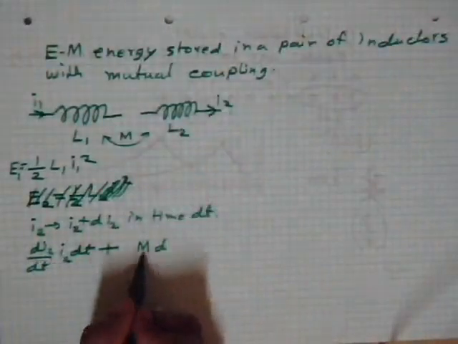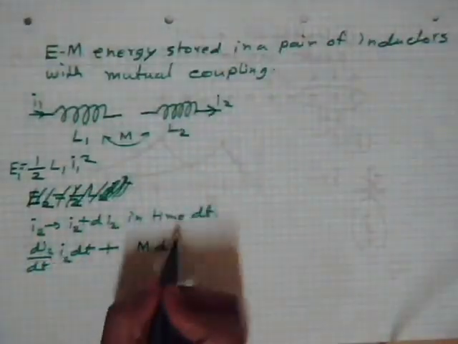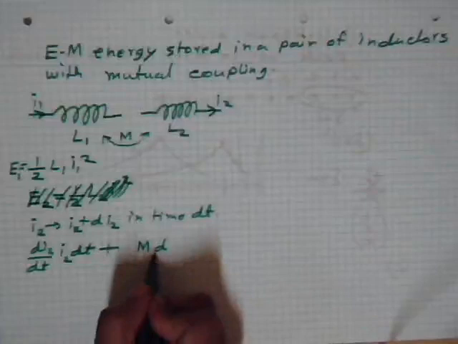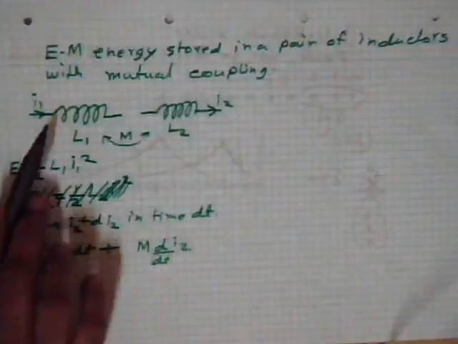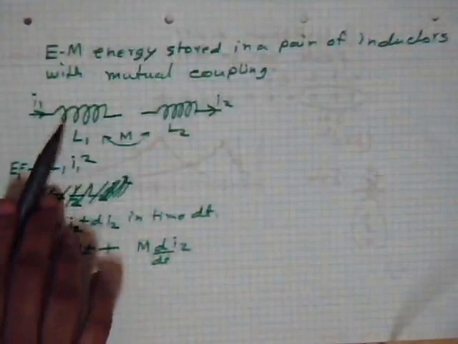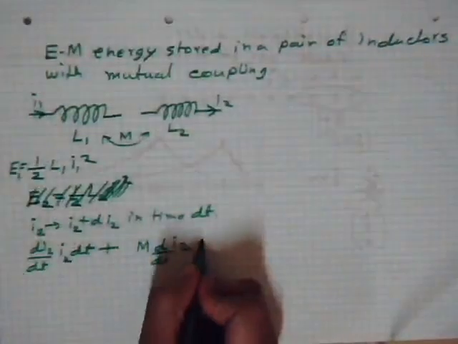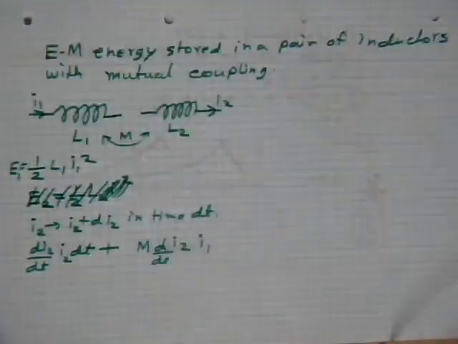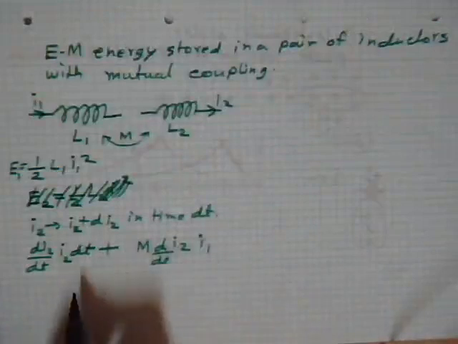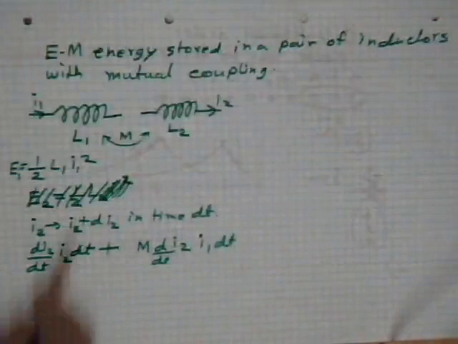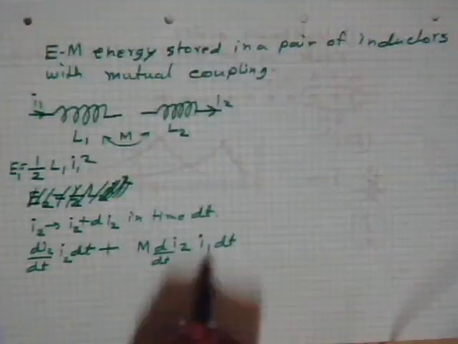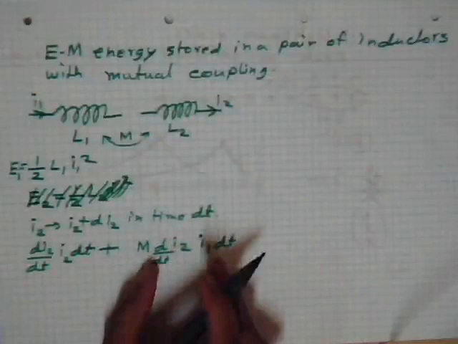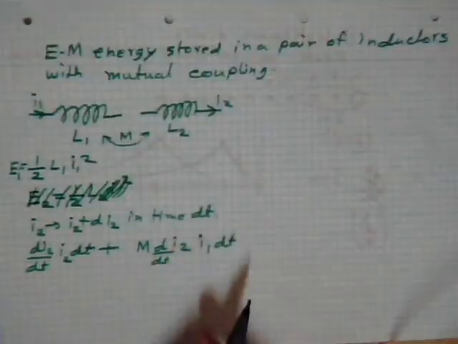So M times dI2/dt is the voltage generated in the first coil, times I1 is the power, times dt is the energy. Now again note, this energy might actually be negative if M is negative.